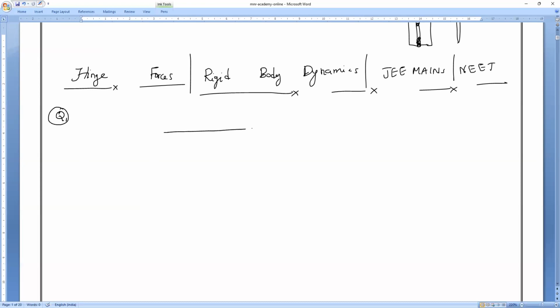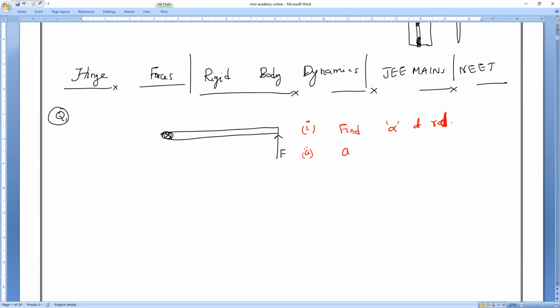There is a rod having a length L, and it is pivoted at this point, and perpendicularly a force has been applied. Problem number 1: Find the angular acceleration of the rod.